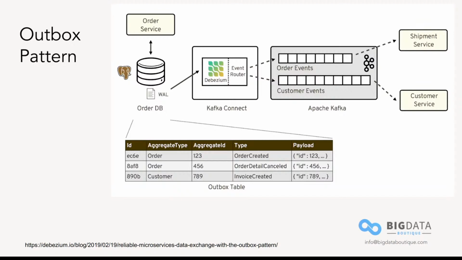One of the open source projects to do that is Debezium, which is able to read from MySQL, from Postgres, from Oracle, from IBM, from Mongo. So basically, each time the order table changes, it is going to generate a new record in Kafka. So the shipment service or the customer service can receive that information and process it. Okay.